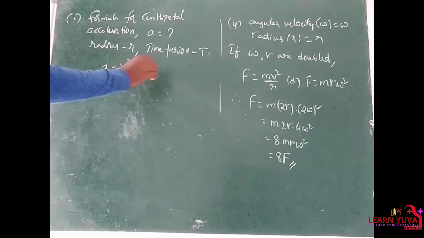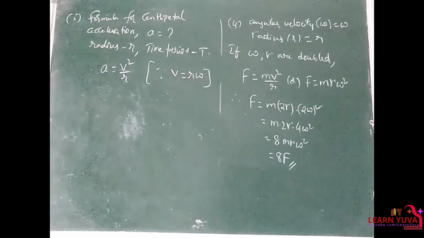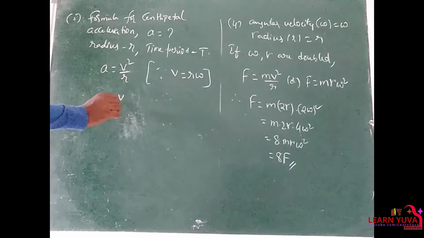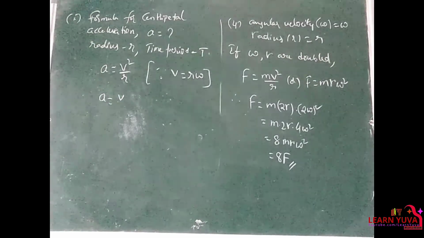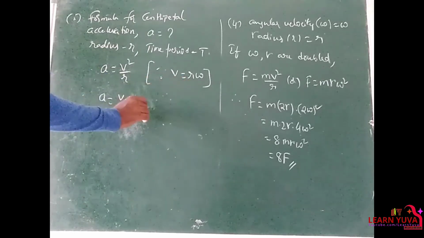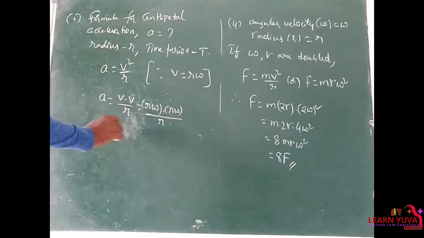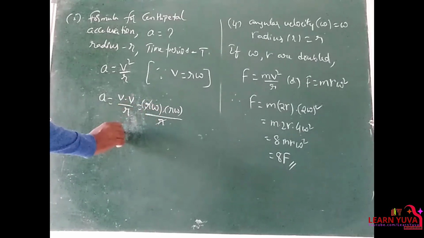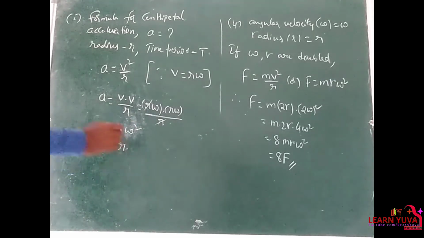And since v is equal to r omega, so A is equal to v square, which is nothing but v into v by r. V is nothing but r omega. So r omega into r omega by r, that is equal to r square omega square by r. R gets cancelled. So r omega square.